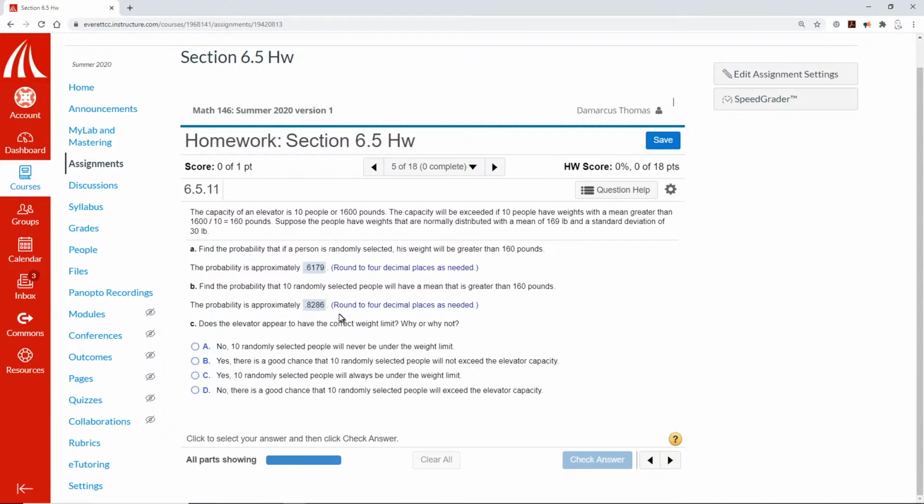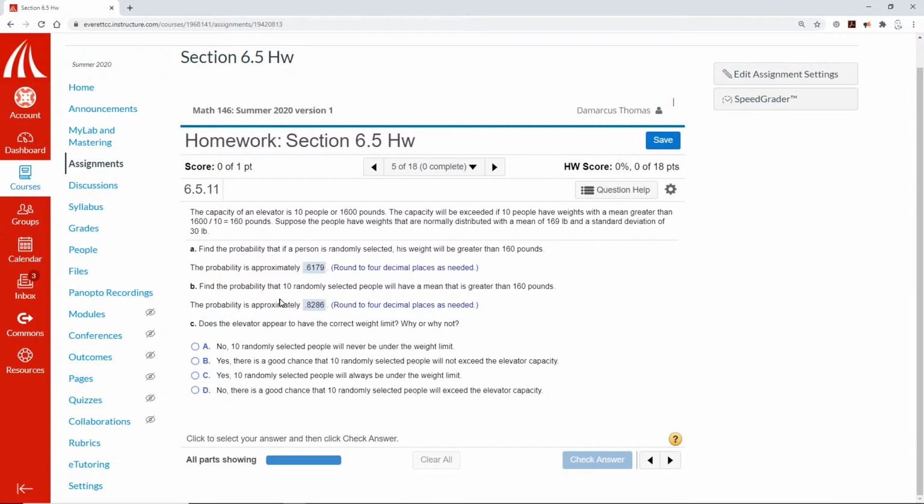So this is pretty dangerous. The other 18, 17% of the time, the elevator will be filled over capacity. So all it takes for the elevator to be at capacity is 10 people who weigh 160 or more. The chance of that happening is extremely great.